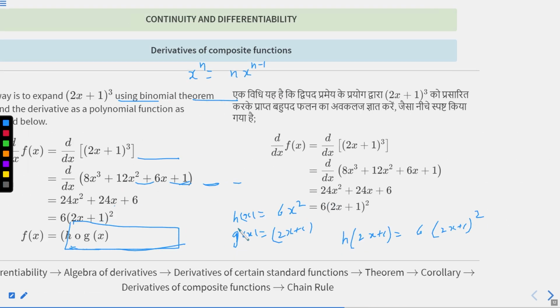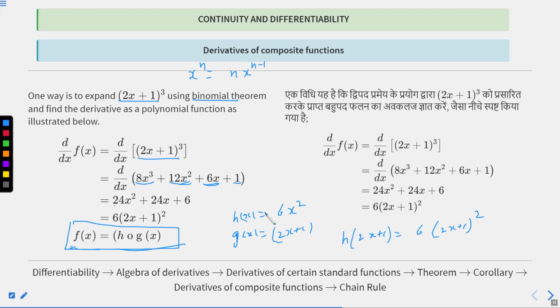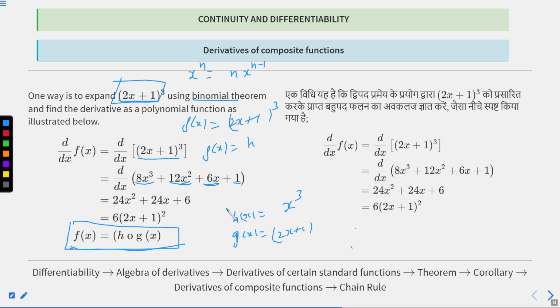One thing I have to clarify: I'm taking this as x cube. I'm not comparing this form, but I'm comparing the actual form. So f of x is 2x plus 1, and I'm writing this f of x using composition. So what composition am I using? I'm using these compositions. Okay, clear?